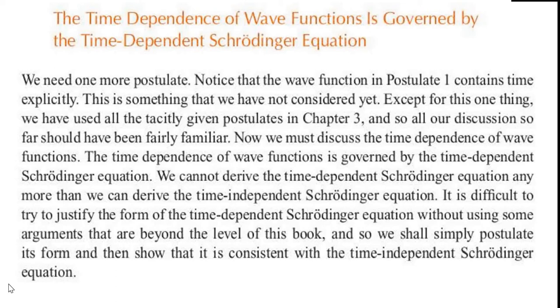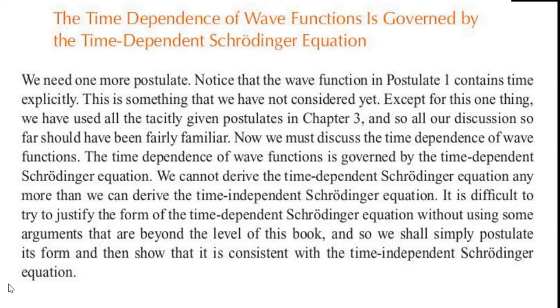That is actually the basic foundation of taking a postulate, that they are not provable, as I mentioned. So here also it is stating again that the time independent Schrodinger equation, H psi equal to E psi, we took as a postulate, the second postulate, that there is an operator for an eigenfunction.